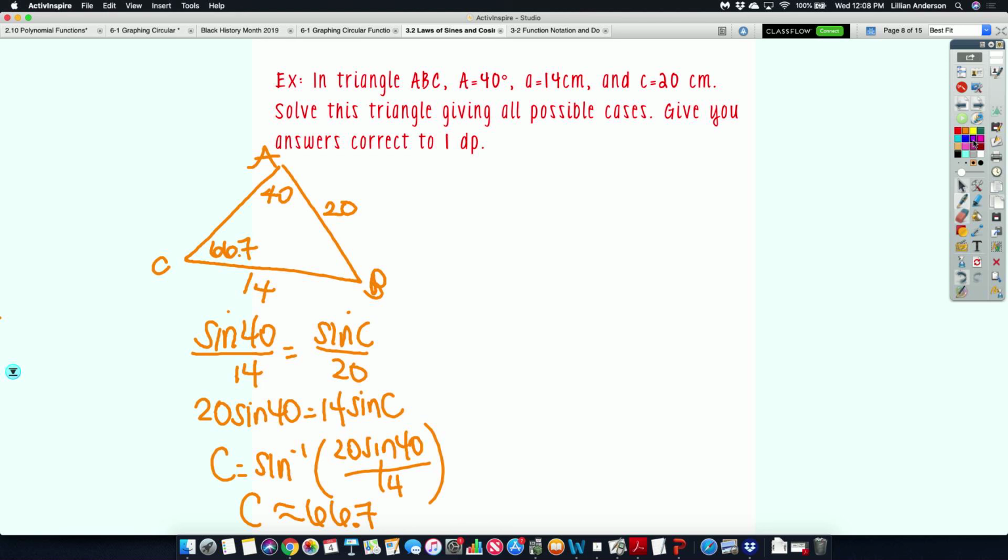At this point, this is where you do it. There is a possibility where there is another triangle that has an angle A of 40 degrees, a side A of 14, and a side C of 20 centimeters.